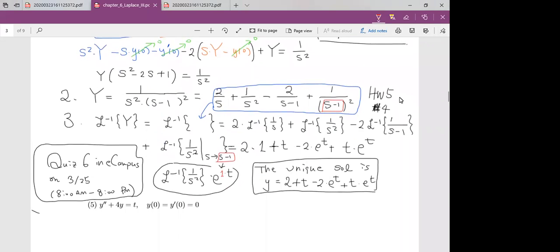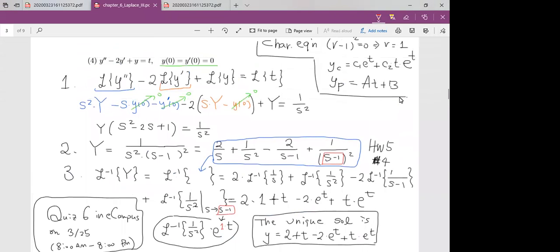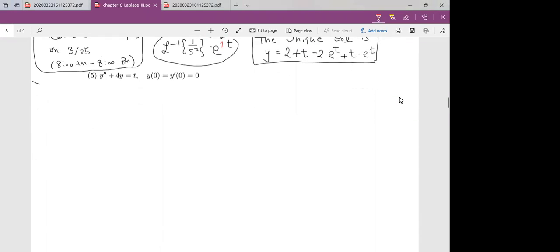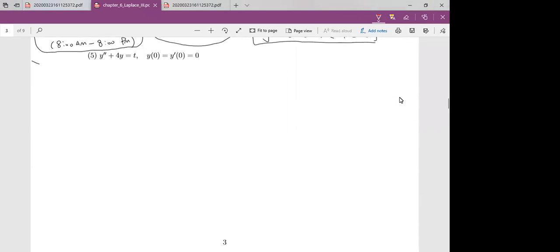Last time we finished the problems up to number 4, and now we will continue to practice number 5. Step 1 is to apply the Laplace transform to this differential equation. The Laplace transform of y double prime plus 4 times the transform of y equals the transform of t.